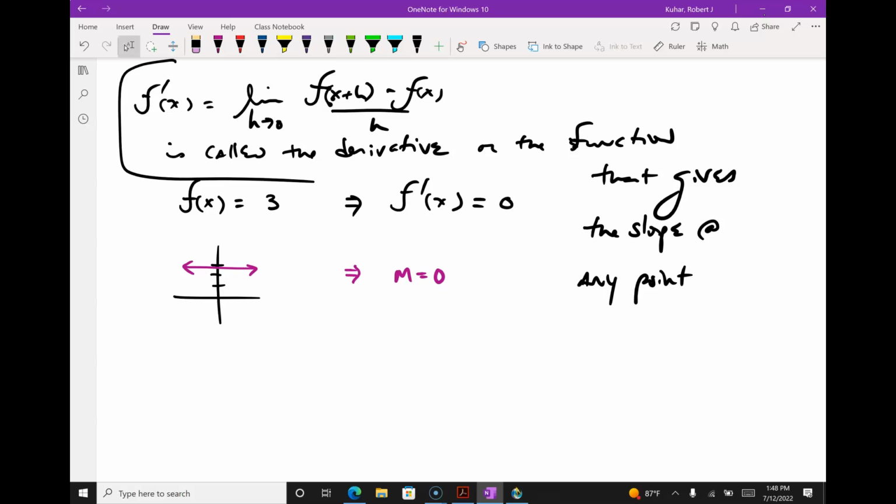That's what the derivative is, right? F prime of x is called the derivative. It is the function that gives you the slope at any point x.